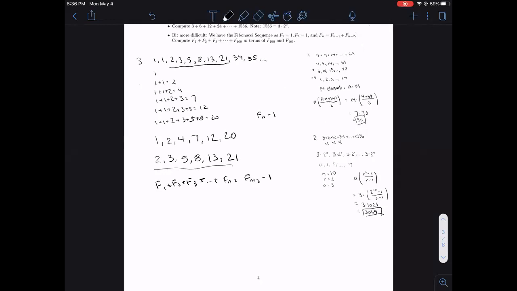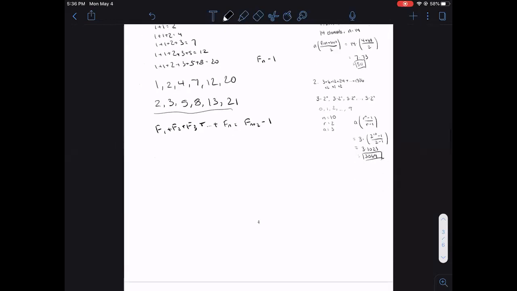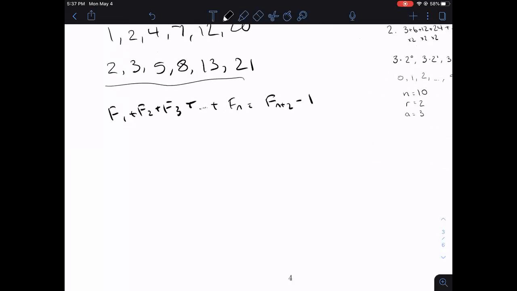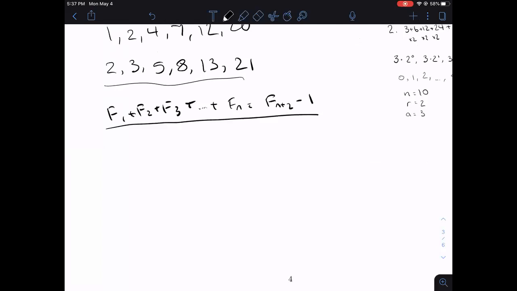So to prove this, we're going to look at, wait, why is this true? Oh, okay. Yeah, I remember. So let's look at this. Let's look at that right there. And let's try to prove it.